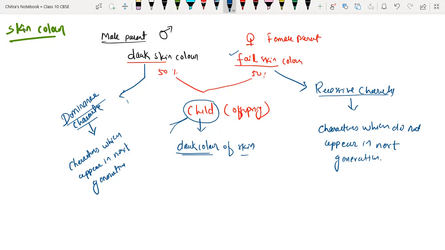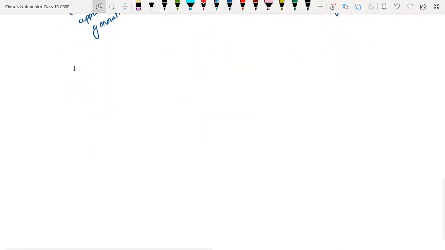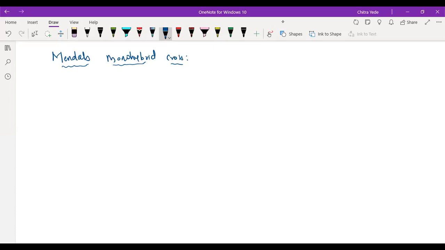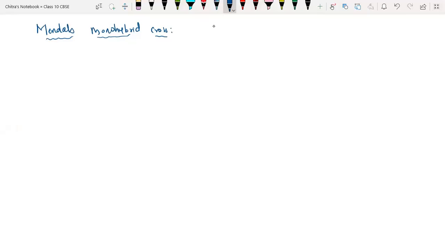Now we're going to discuss Mendel's monohybrid cross. Mendel chose only the garden pea plant to apply his experiment, because garden pea plants have different characters, like a few plants have white flowers and a few have red.